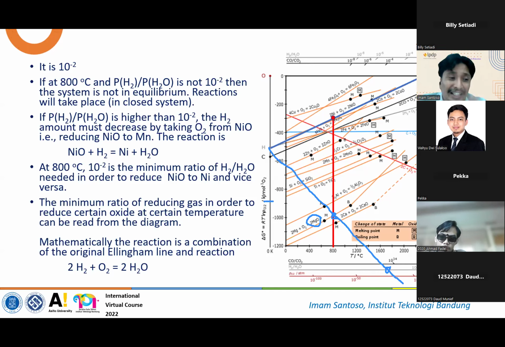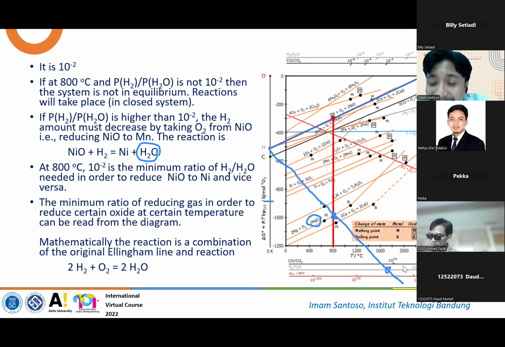The condition inside the reactor needs to be very pure hydrogen, and that's almost impossible. When we reduce oxide with hydrogen, you will produce water. If you produce water, the gas will not be pure hydrogen anymore. So the reaction will stop.